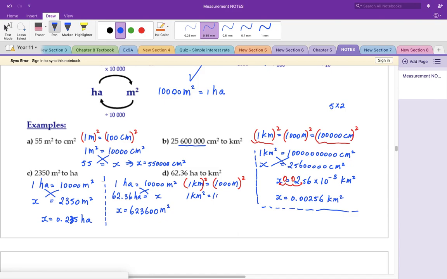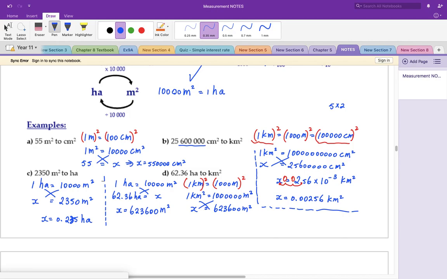So 1 kilometer squared is actually 1 million, so 6 zeros, meters squared. And now you have 623,600 meters squared. How many kilometers? Once again, cross multiply. So 623,600 divided by 1 million.